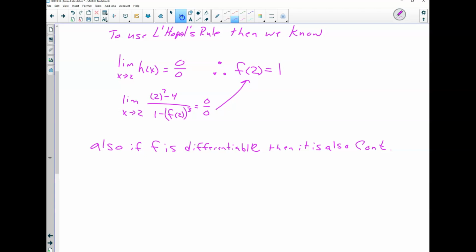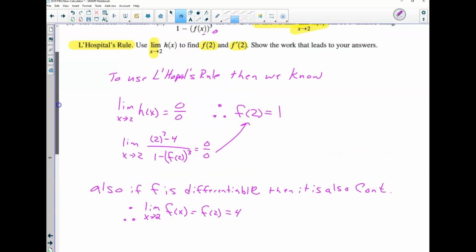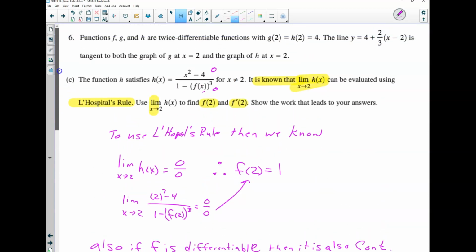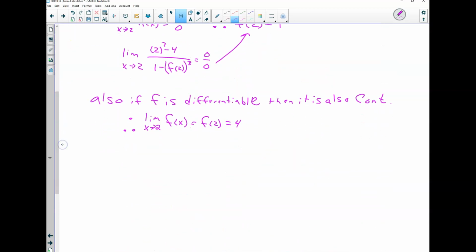And if it's differentiable and continuous, therefore, the limit as x approaches 2 of f of x equals f of 2, which equals 4. Right? And I'm using that for my h of x. I'm using this all for my h of x.